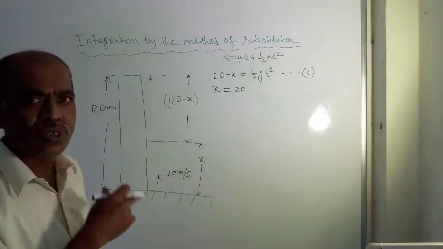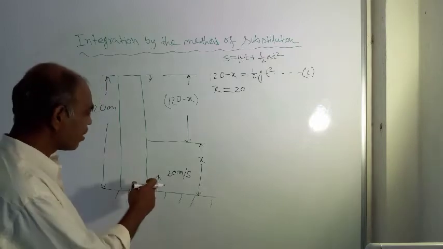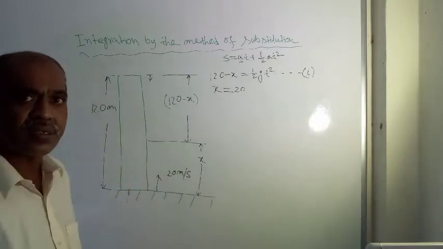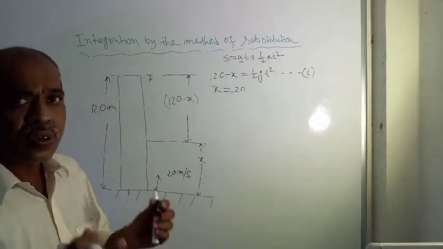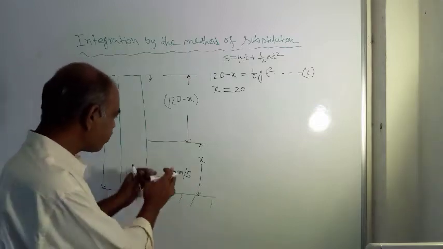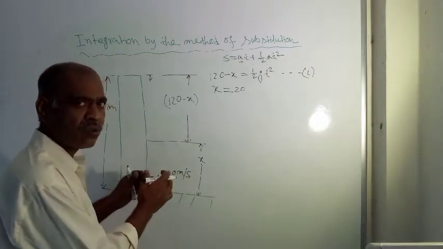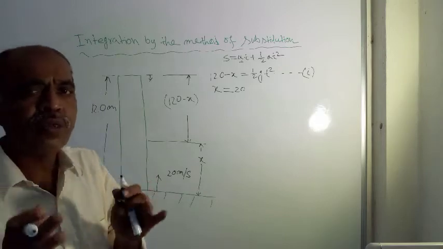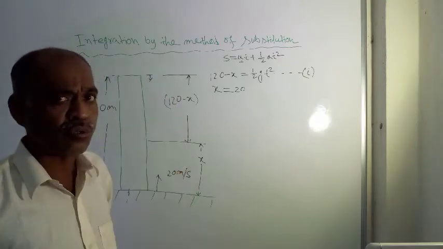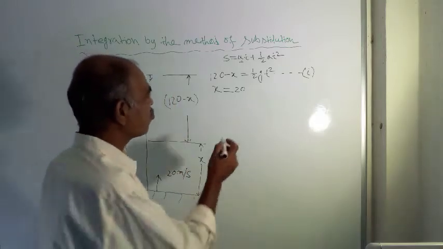T is not equal to t for this stone because it was thrown after 2 seconds. So for this stone, t will be t minus 2, not t.